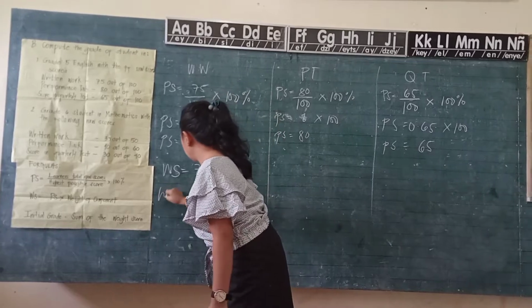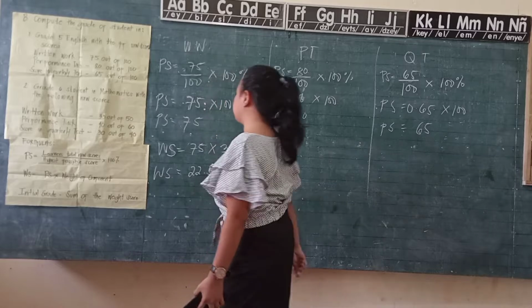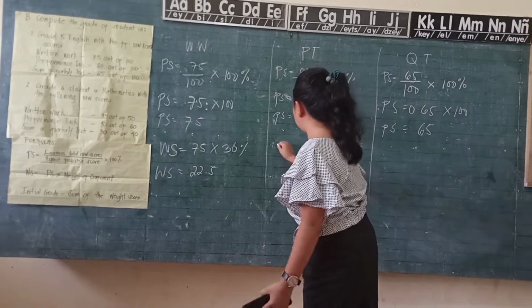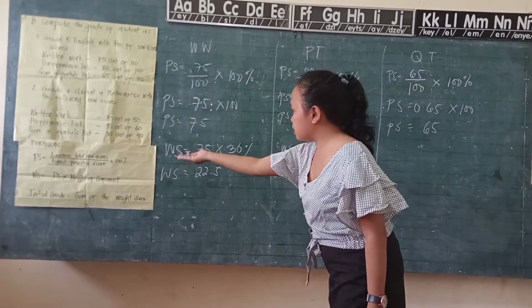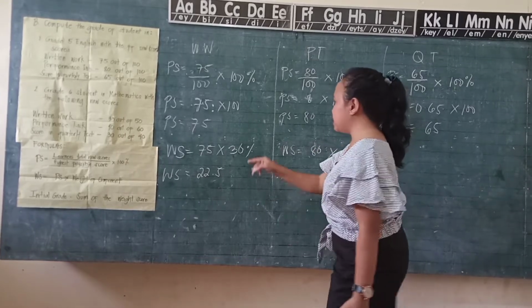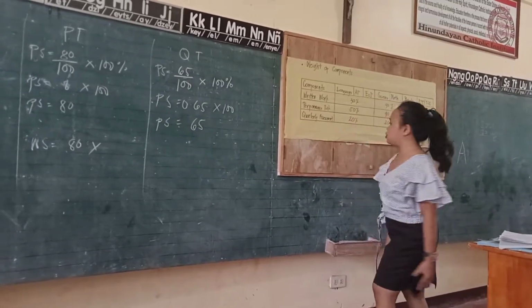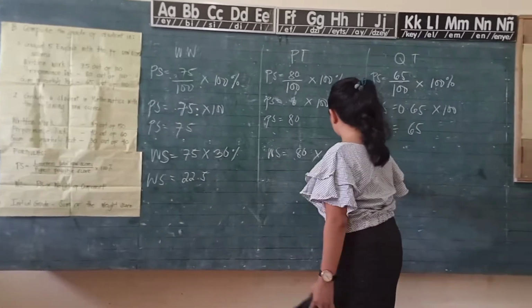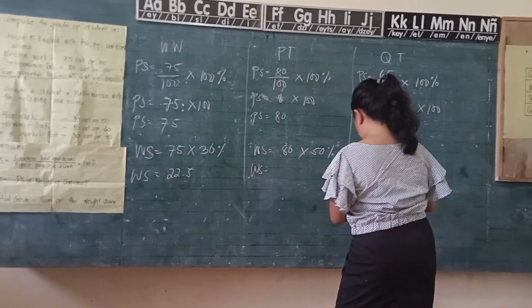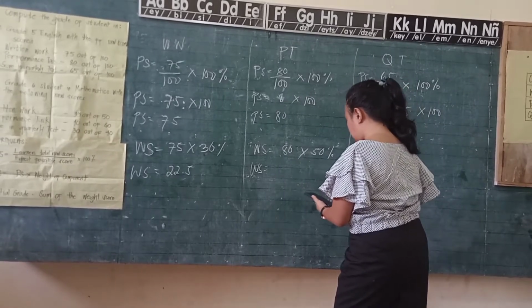So the weighted score is equal to 22.5. For the performance task, the weighted score equals percentage score 80 times the weight of component. So for English, performance task is 50% or 0.50. So 80 times 0.50 is equal to 40.